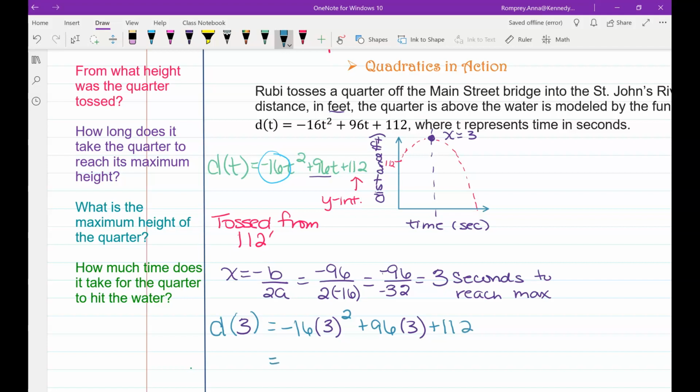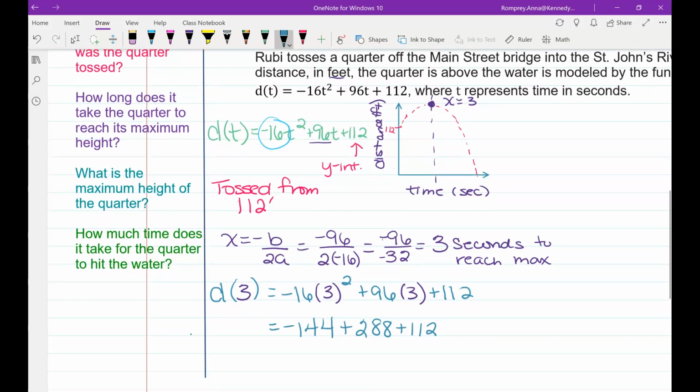I'm squaring just the 3. The square is only touching the 3. So 3 squared is 9, and 9 times negative 16, negative 144, plus 96 times 3, 288, plus 112. All right, so 288 minus 144 leaves us with 144 plus 112.